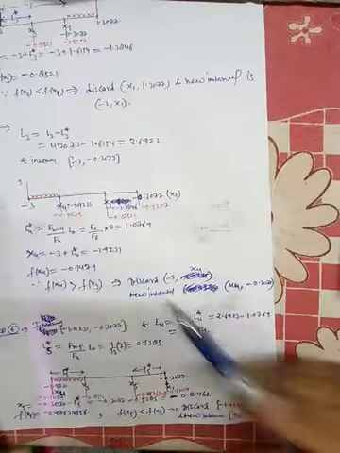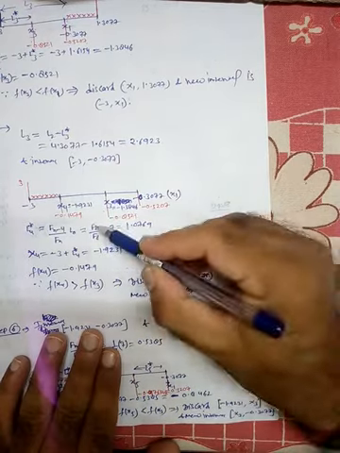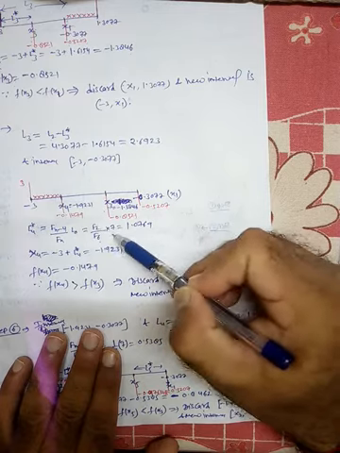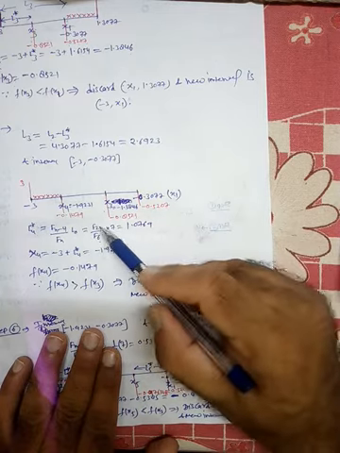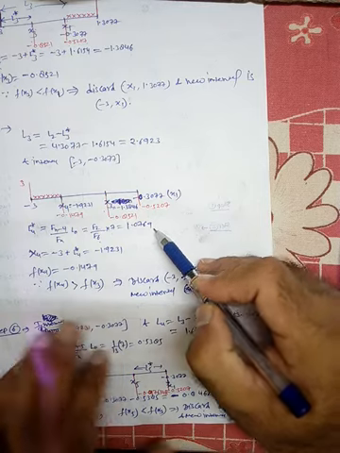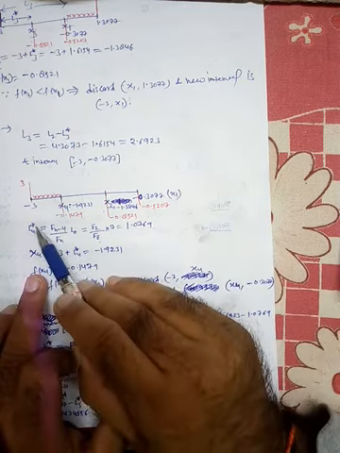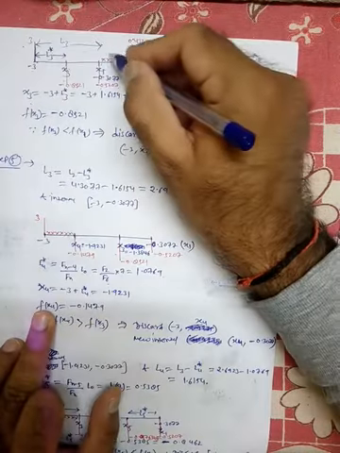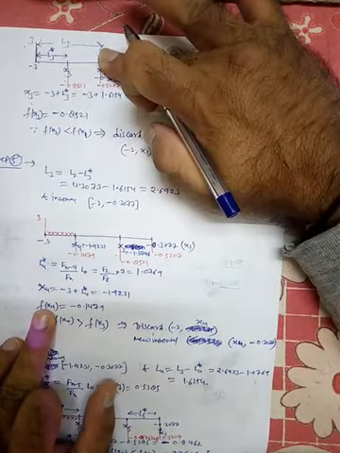So F2 is 2 by 13 into 7. ये 13 है, ये 2 है, into 7. So we get 1.0769.